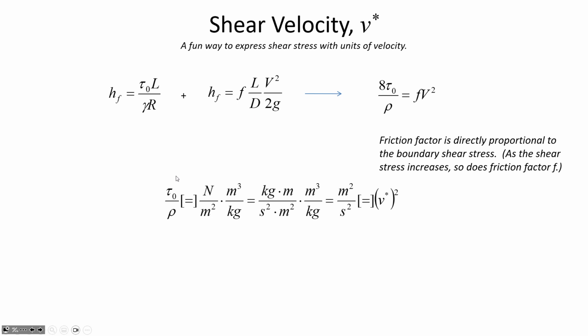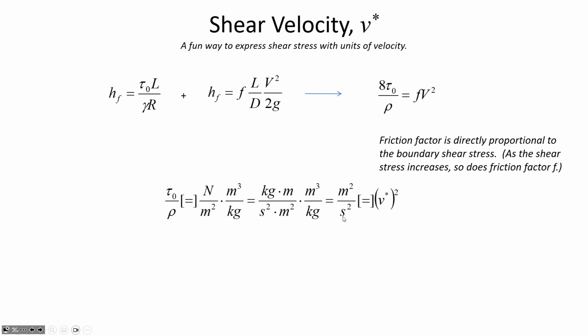But we've got this ratio where, if we take a look at the units, shear stress is newtons per meter squared. Density is kilograms per cubic meter, so the reverse of that since it's in the denominator. And then further expand out, a newton, for example, is a kilogram meter per second squared. And cancel things out, and lo and behold, what we have after like terms cancel is meter squared per second squared.